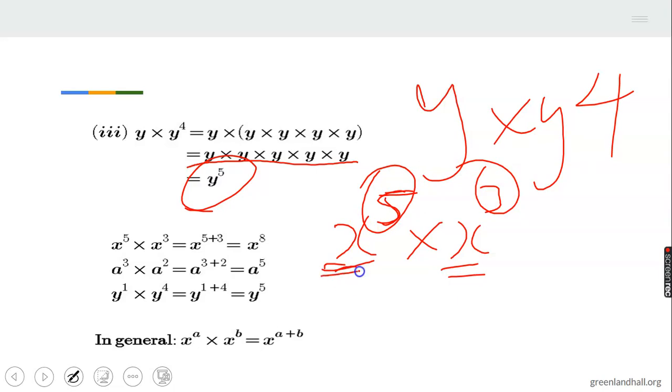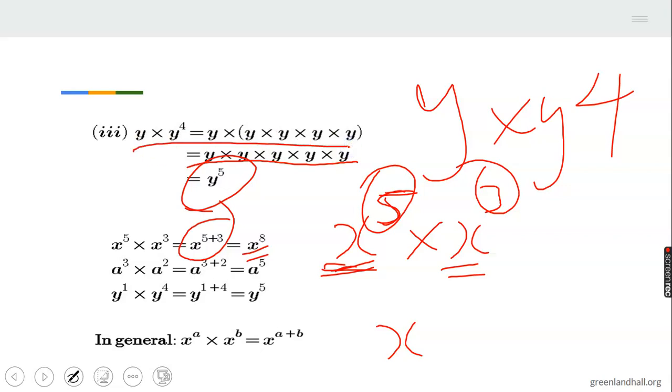But since we have the same letter, we can take one of the letters, then you add their index or power, like what you have here, that is x raised to power 8. You can always do that in a quick form without having to go through this expansion method. What we did here is actually the expansion method.